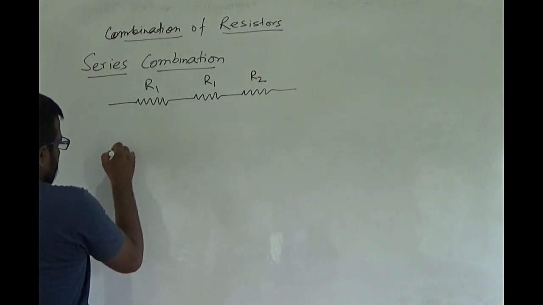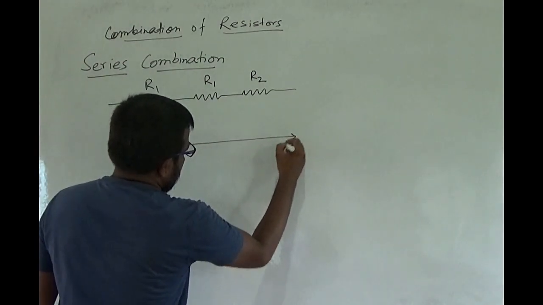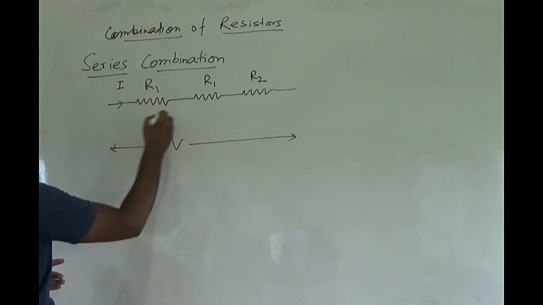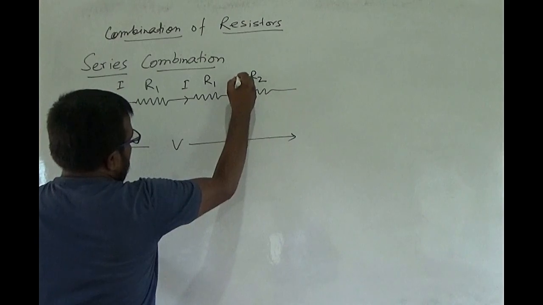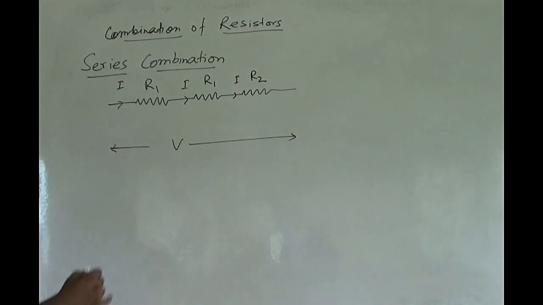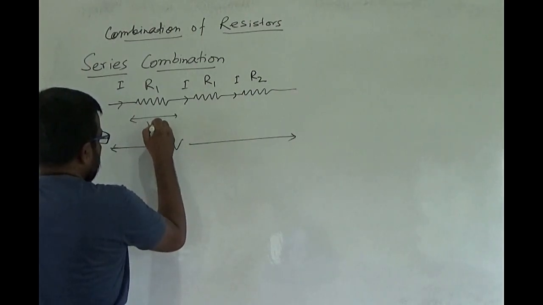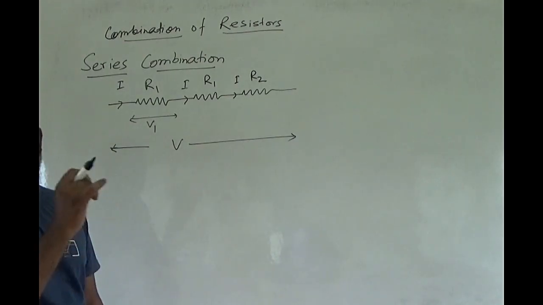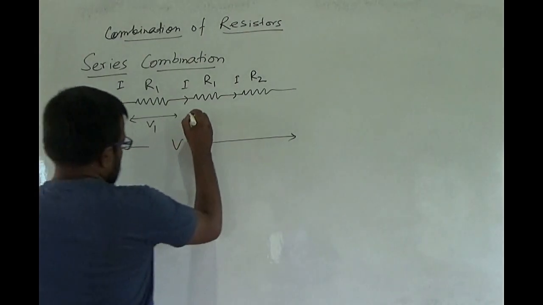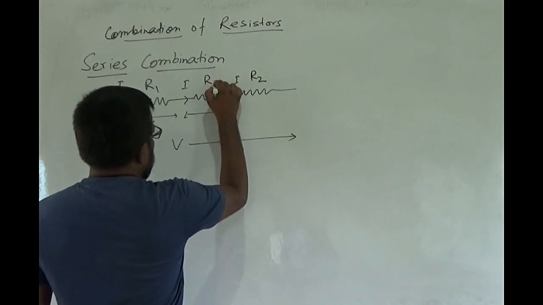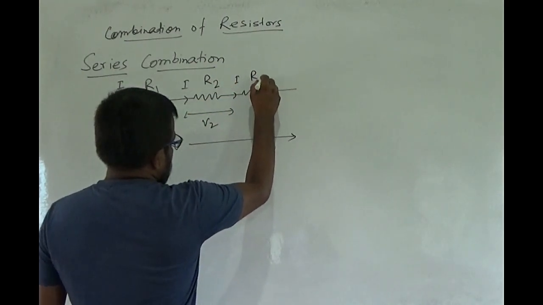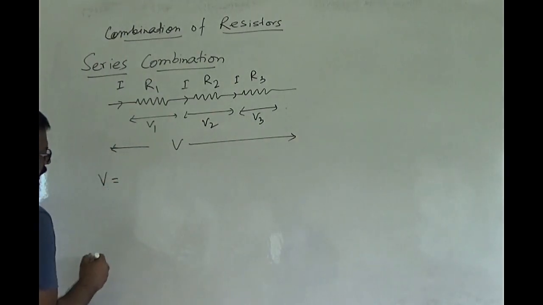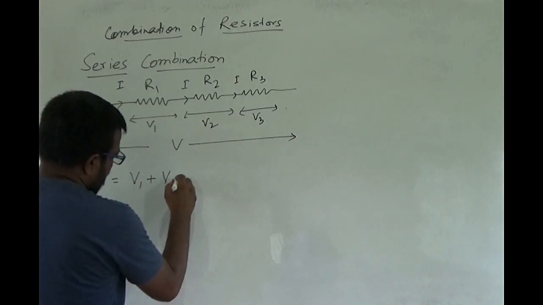Let V1 be the voltage drop across the first resistor R1, V2 across R2, and V3 across R3. Then naturally, the total voltage difference V is equal to V1 plus V2 plus V3.